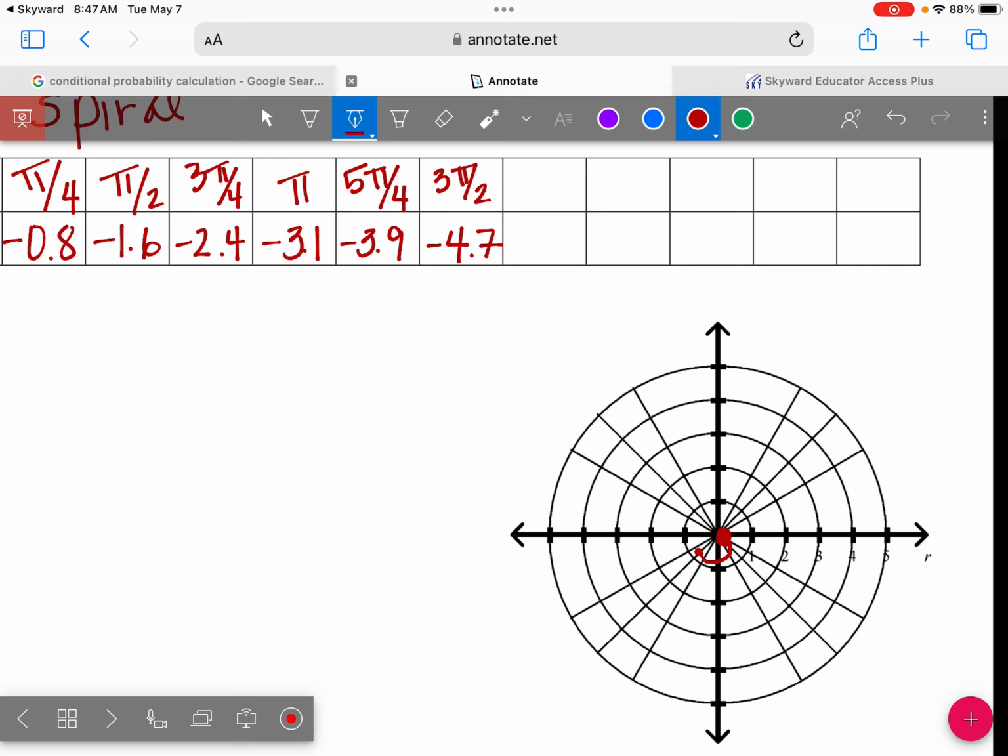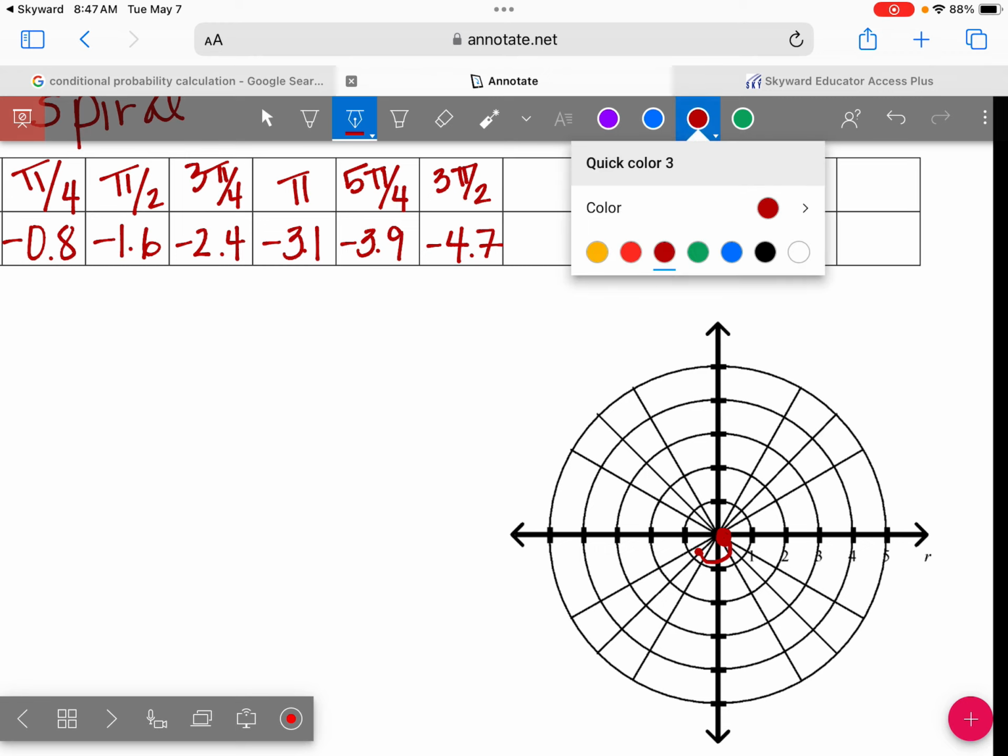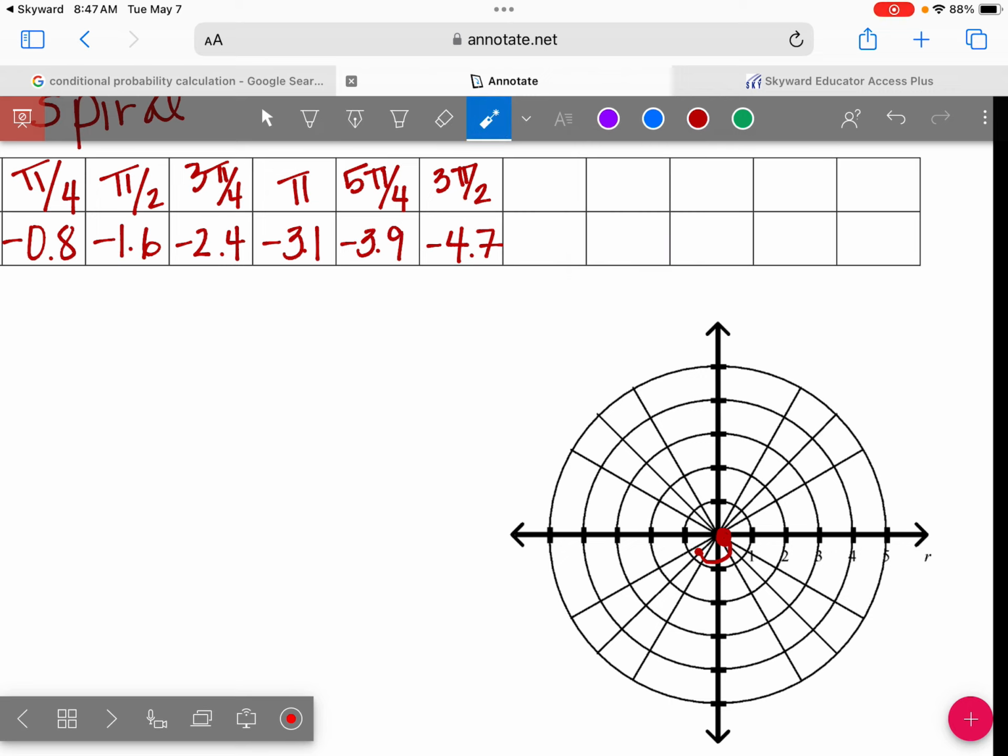All right, so then next one we have pi over 2. Pi over 2 is right here. My allergies are really acting up. So pi over 2 is right here, but it's negative, so we're going to go back. Here, let me not connect these points yet, because that doesn't look right. Hold on.